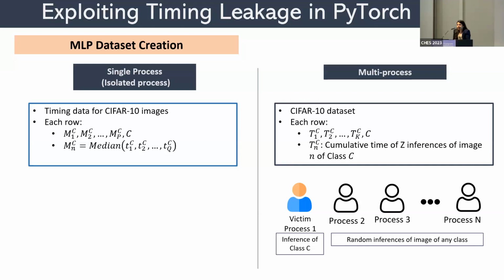Each row is the same as in the single process. The only difference is that this time we take the cumulative time of Z inferences, because multiple processes will cause extra noise while doing the attack.